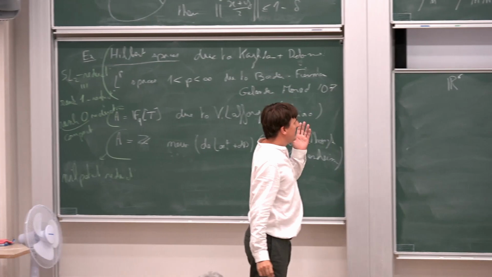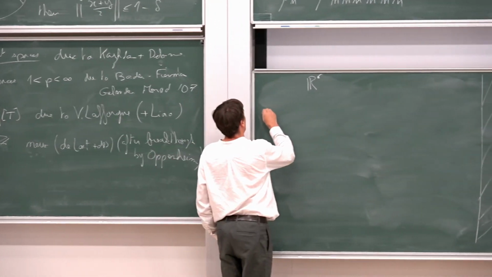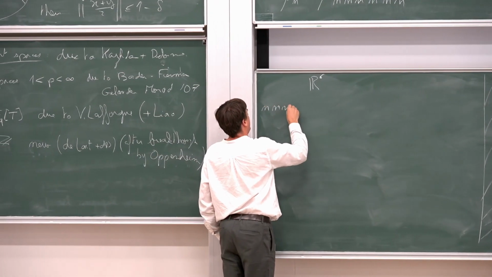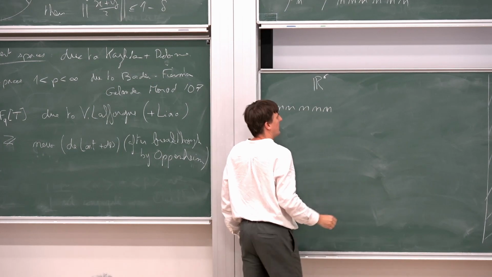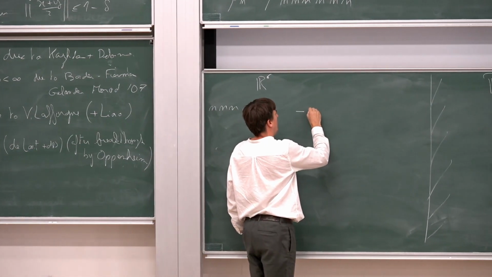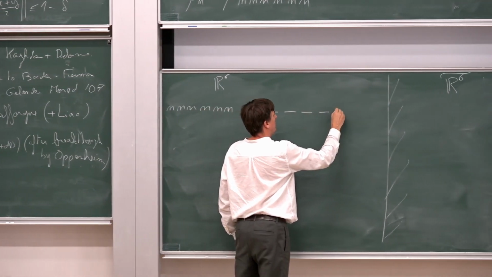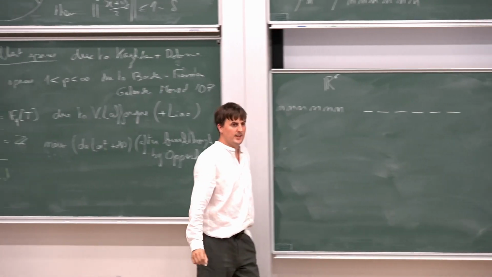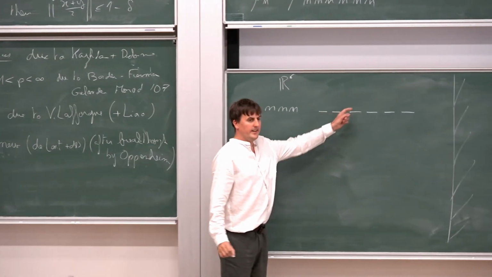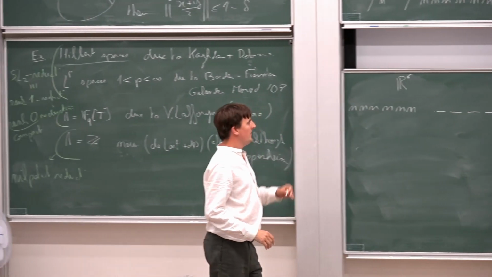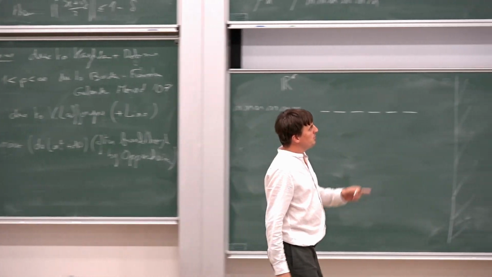Okay? Now let's start with N. I will draw it like this. I have 6. This is the first N, the second N, etc. So they are all at the same level. And I want to use fact 3.